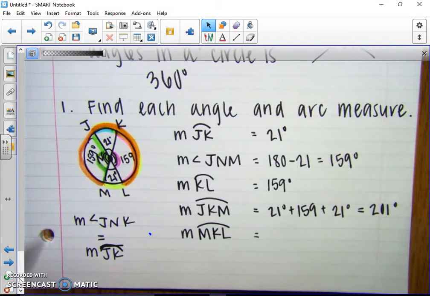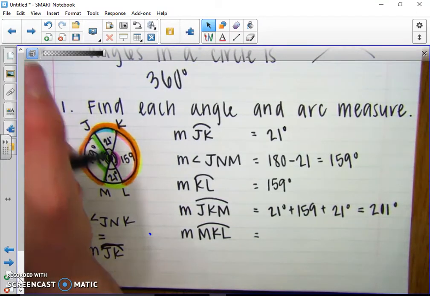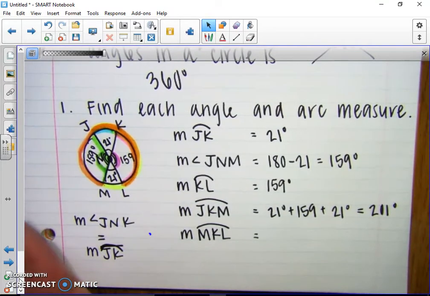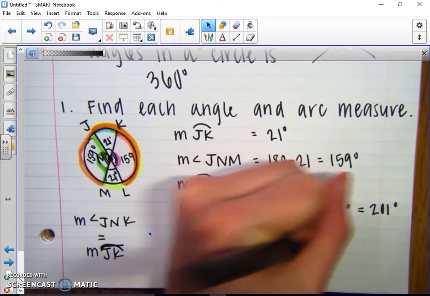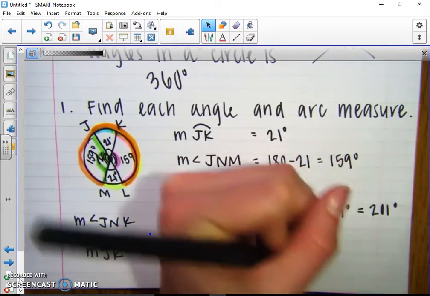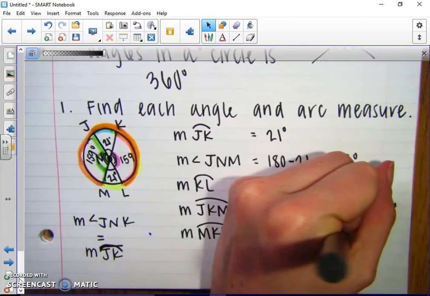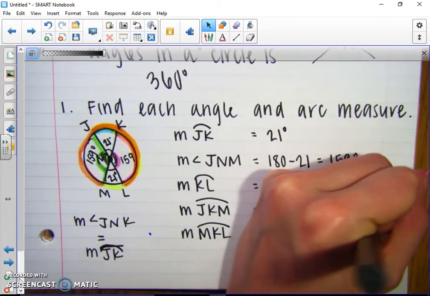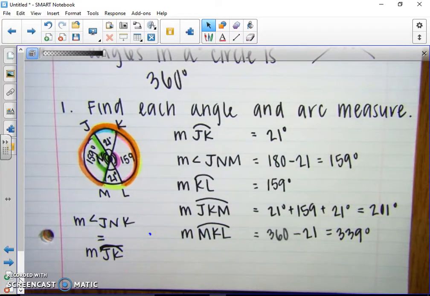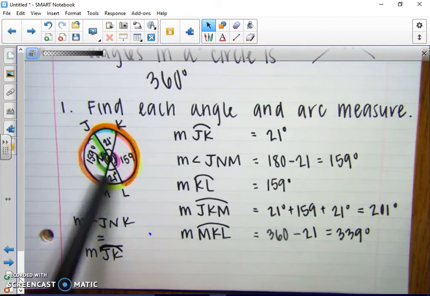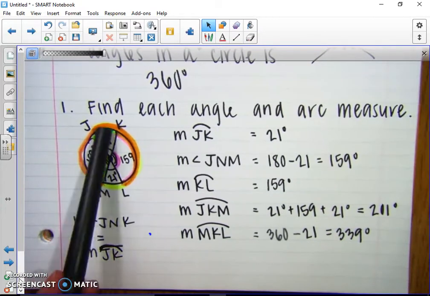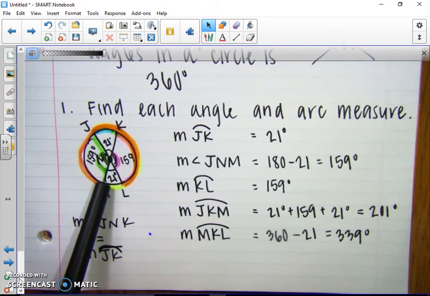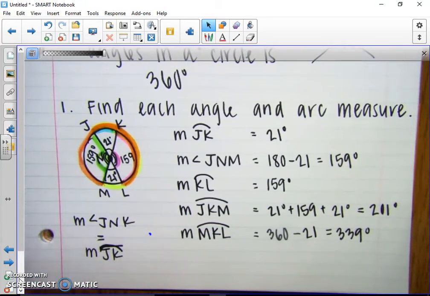So you could either add 159 plus 21 plus 159, or you could take their sum, 360, and subtract 21 and get 339 degrees. So we're using what we know about the sum of the angles around the center of a circle being 360, as well as the fact that we have linear pairs, supplementary angles that add to 180.